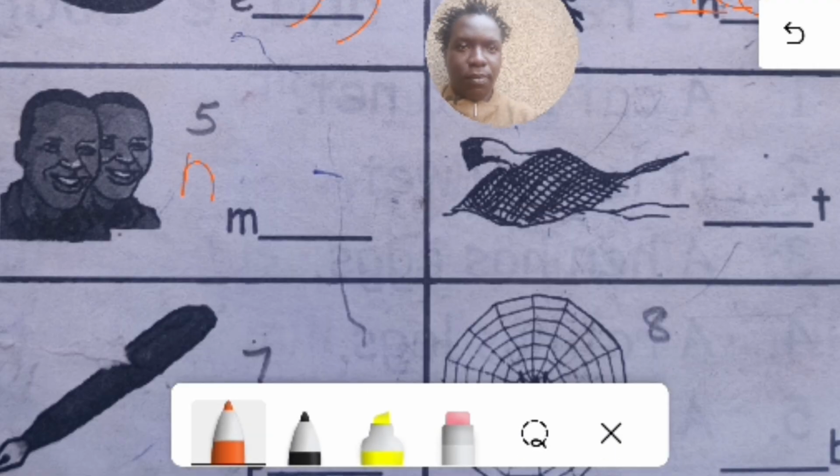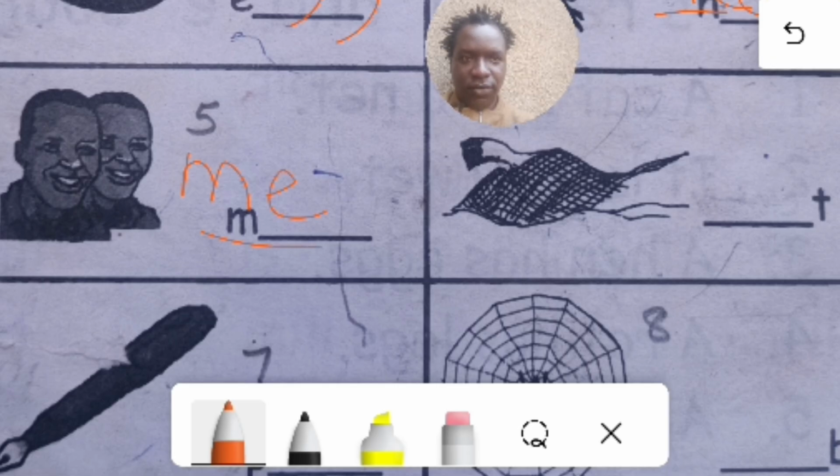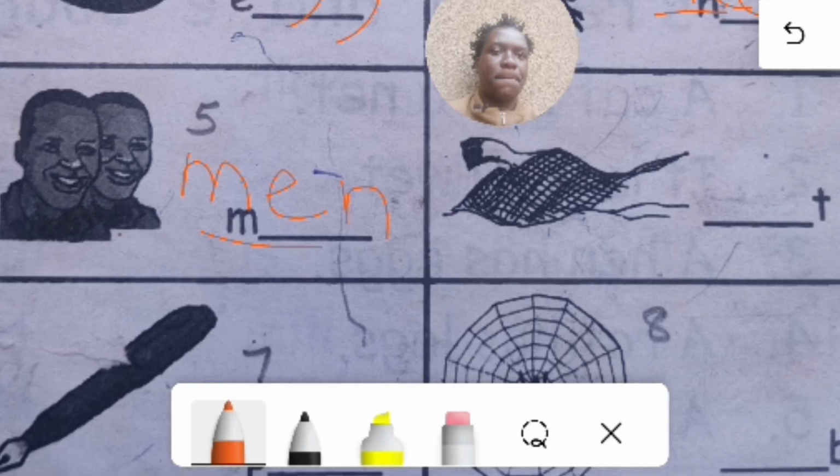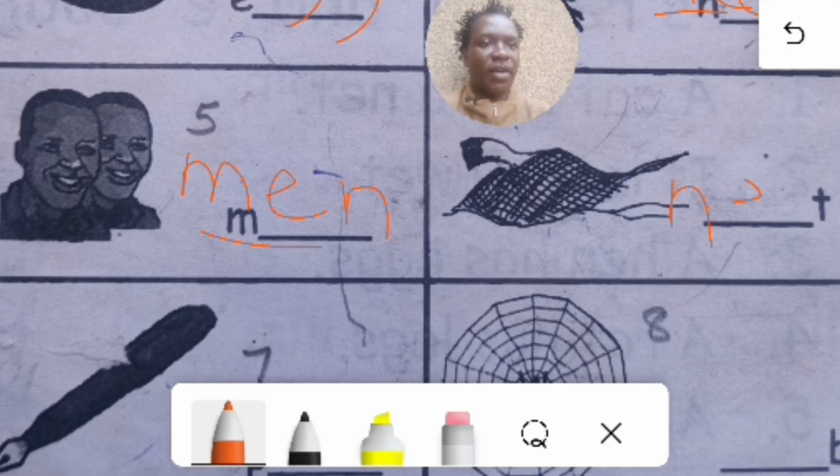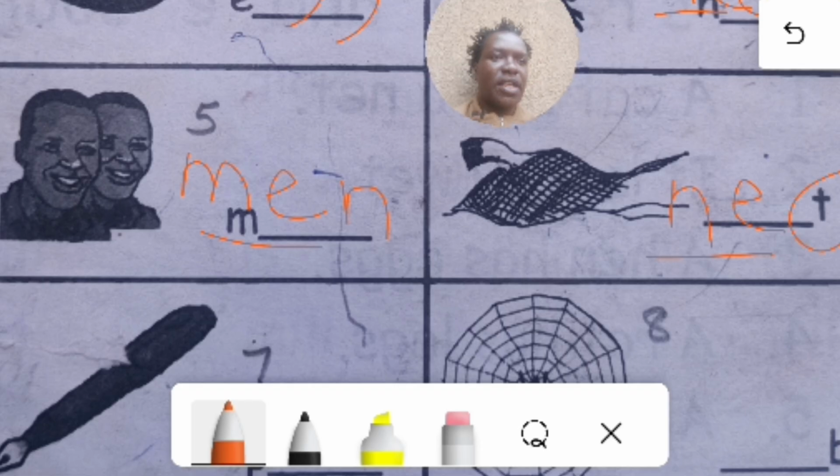Start with M plus A, this is already me, and then if you add N, it gives us men. And then what about this one? This one is a net for catching fish. Start with consonant N plus vowel A, this is ne. If you add consonant T, then it gives you net.